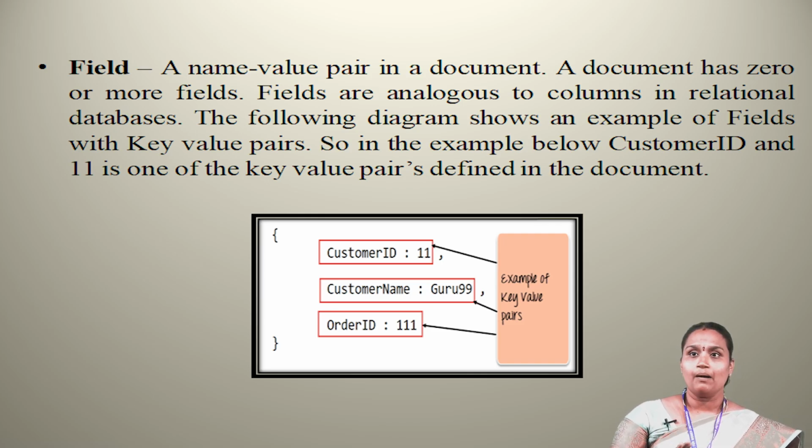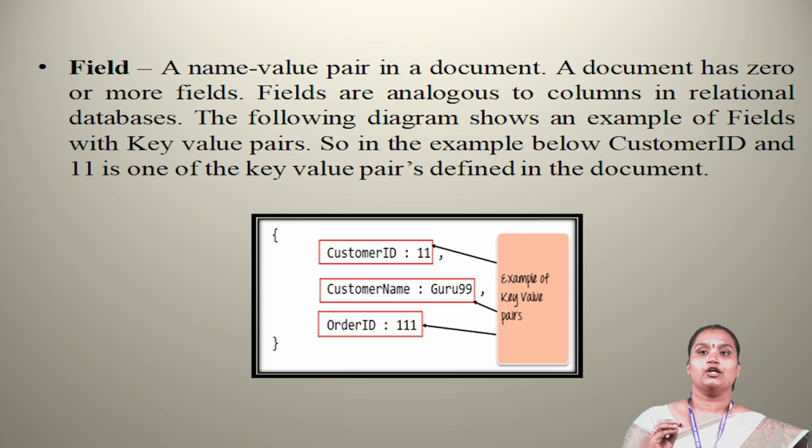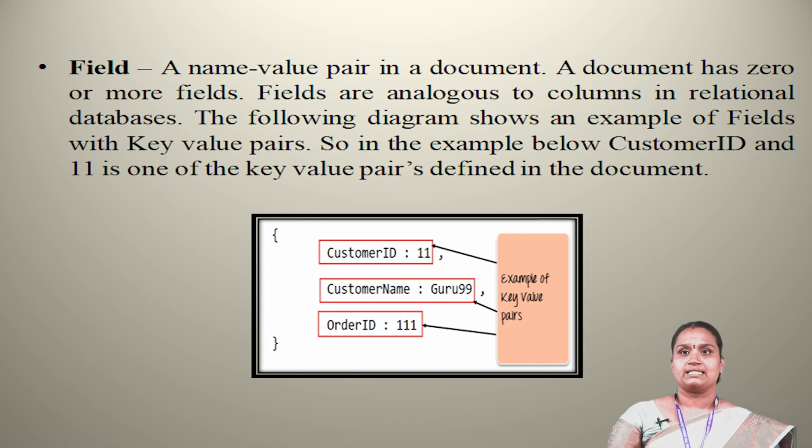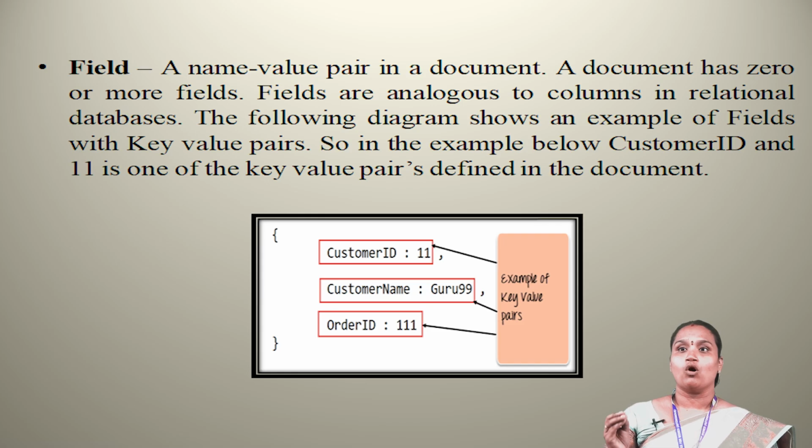So, in the example below, the customer ID is one of the key-value pairs that define the document. For example, the customer ID is 11, the customer name is group, next the order ID is 111. These are the key-value pairs.